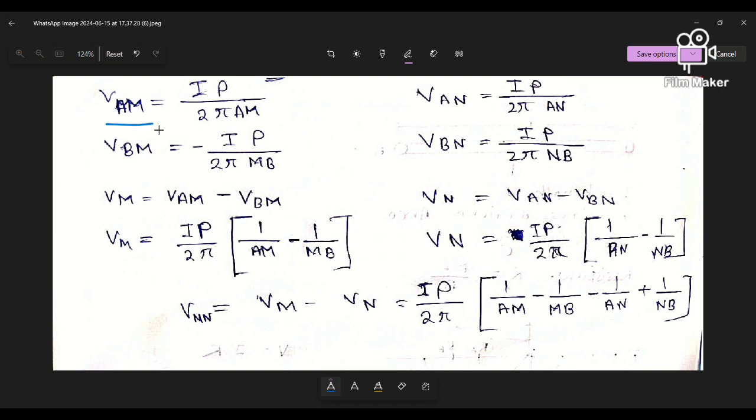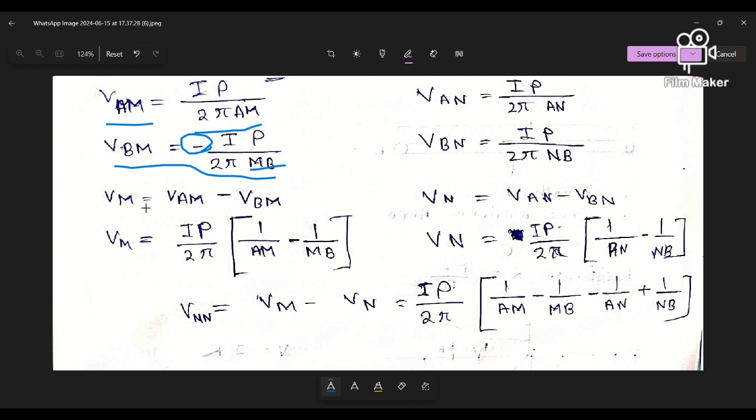We can see VAM is I rho by 2 pi AM, where AM is the distance. Here BM is equal to MB, from C2 to P1. So the voltage VBM is negative for the negative current flow, minus I rho by 2 pi MB for the distance.